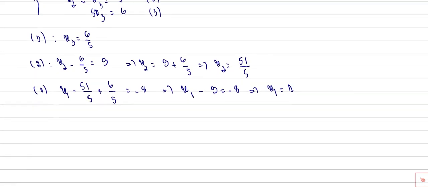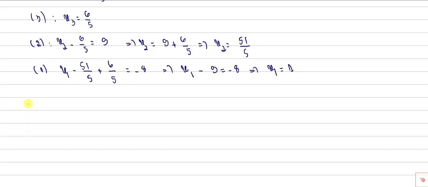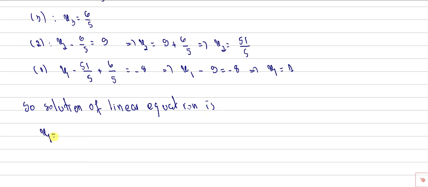So we got our solution. The solution of the linear equation is x1 equal 1, x2 equal 51 over 5, and x3 is equal to 6 over 5.